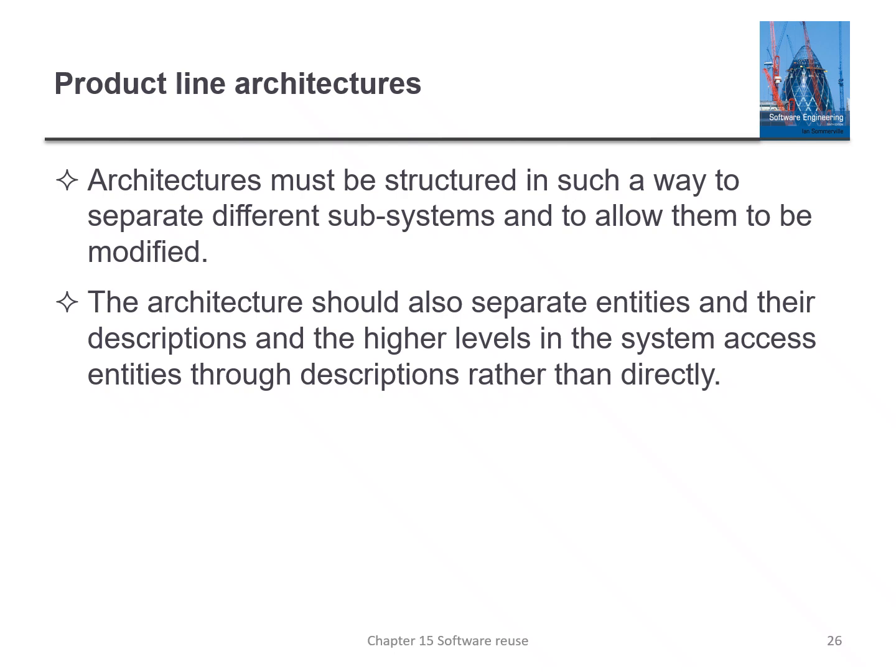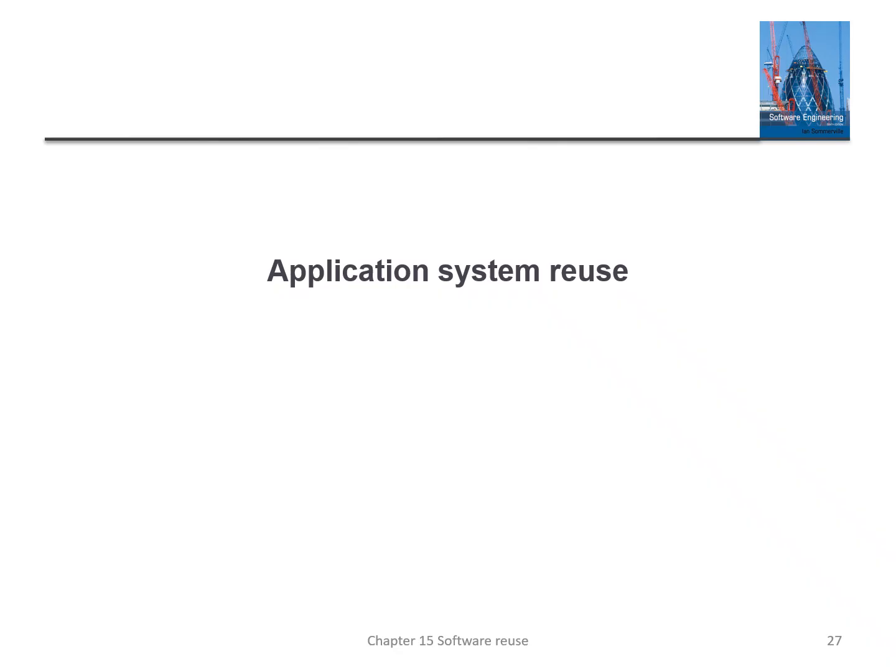So this architecture is basically a more general architecture of a system that can be expanded from time to time. You need to design it so that some parts can be changed and modified. The architecture should also separate entities and their descriptions, and the higher levels in the system access entities through descriptions rather than directly. So the architecture should be made very flexible to accommodate any changes in the future.